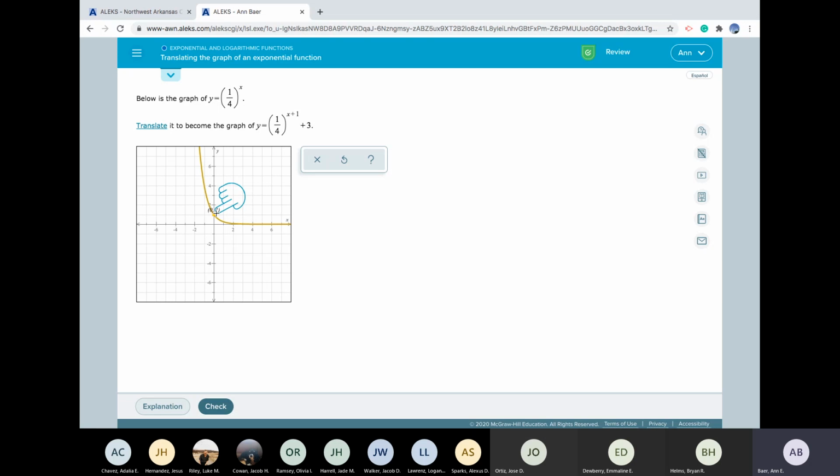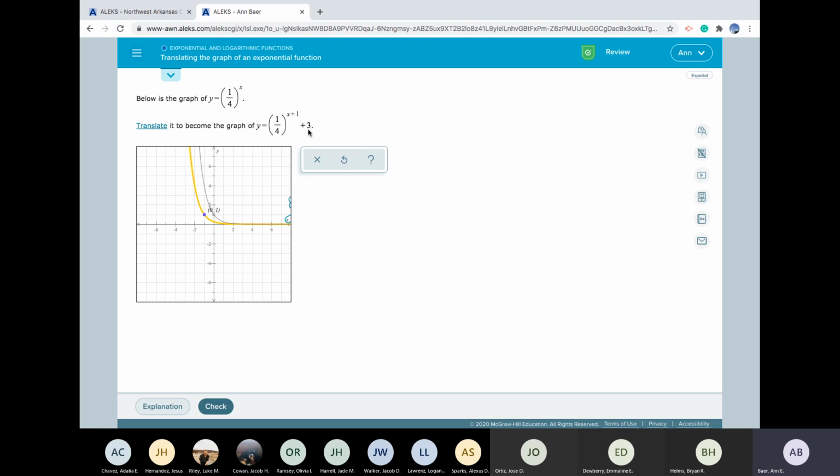So I'm going to take this dot right here at the point 0, 1 that Alex has labeled, and move it left 1 unit, very carefully, and stop. I'm not going to attempt to do both at the same time. And then this plus 3 is being added down the street.